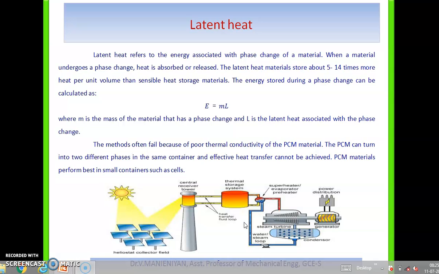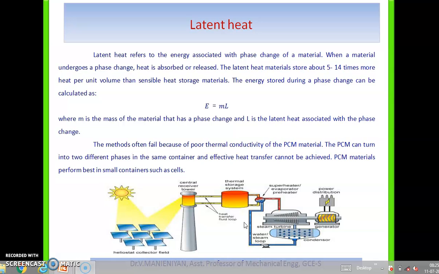The material must be harmless, that is non-toxic, non-inflammable, non-combustible and non-corrosive. Next is a small volume change during the phase change. Last, the material should have a high thermal conductivity in both phases. So those are some of the characteristics of the PCM material.